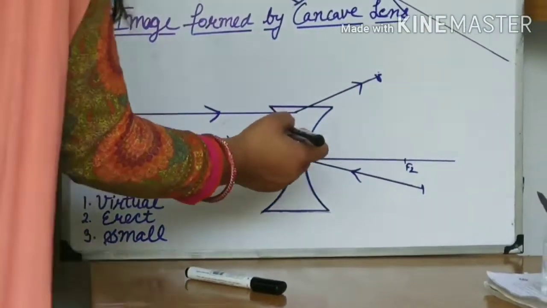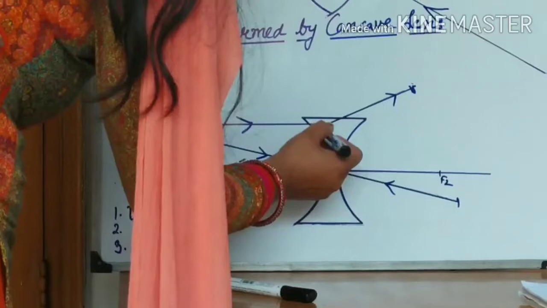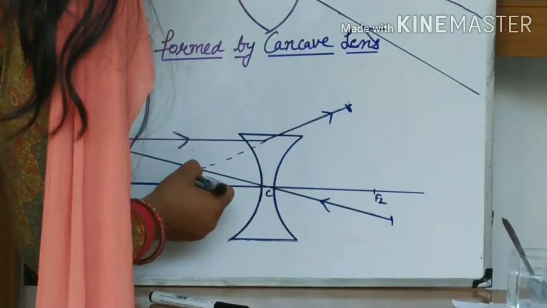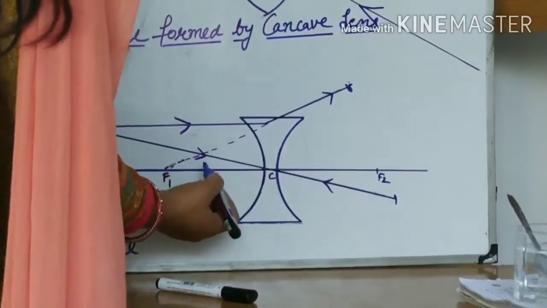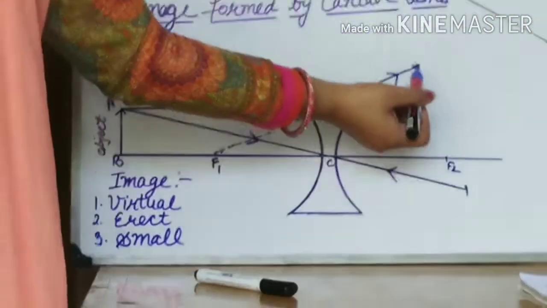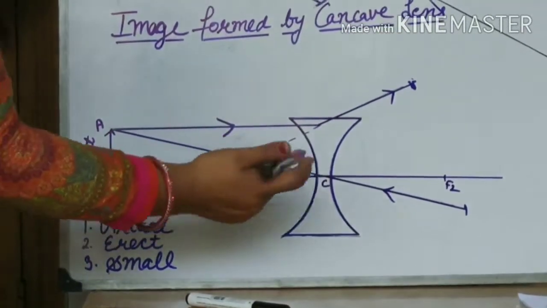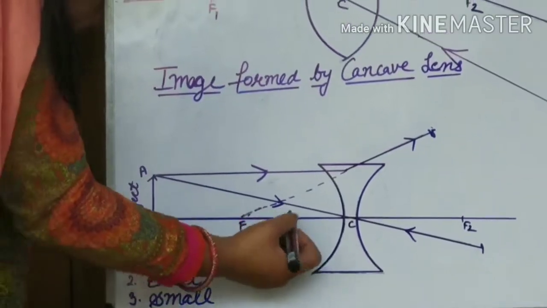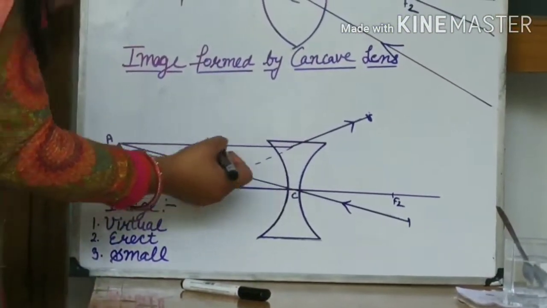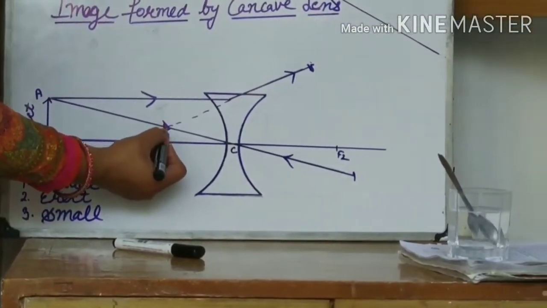Now if I produce the diverged ray at the back, then both the rays will meet at this point.